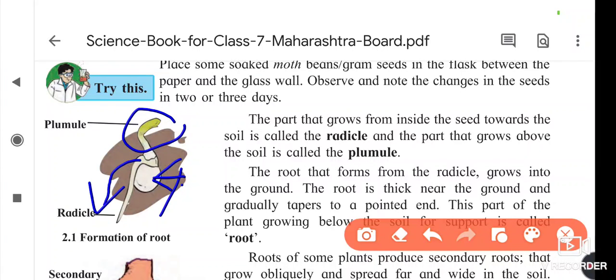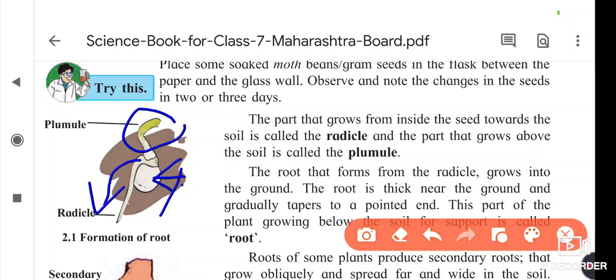It is referred to as the plumule, and the radicle. Radicle means the root which goes to the ground, underground, and the plumule moves upward, from where the leaves, flowers and fruits are grown.